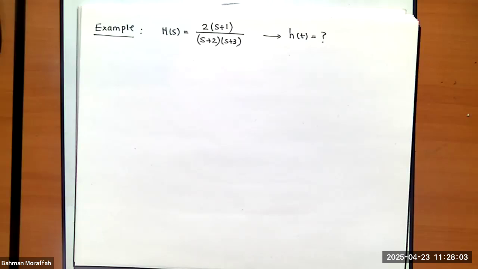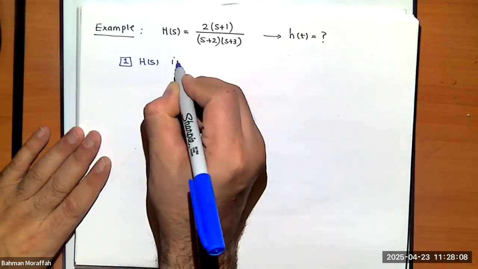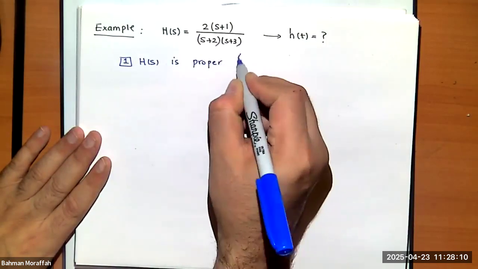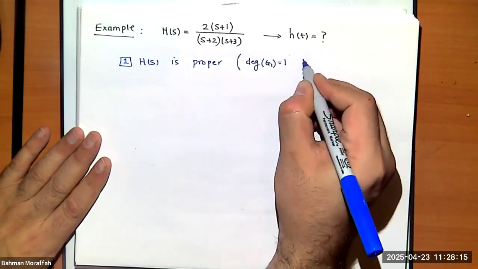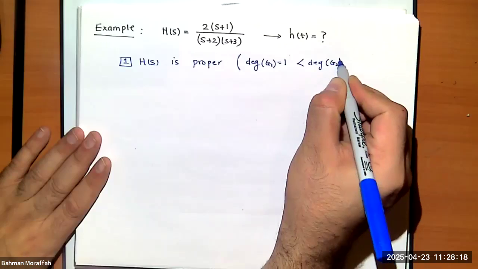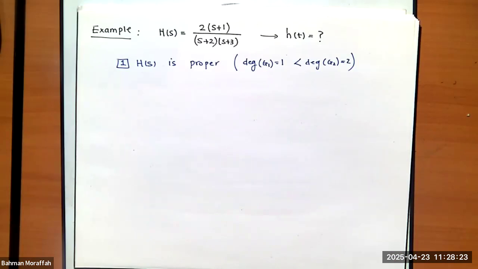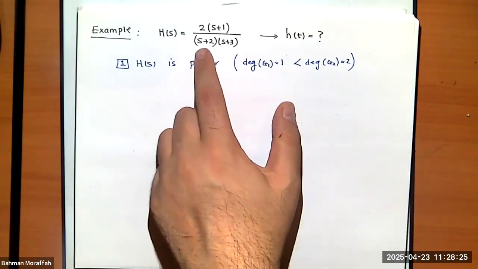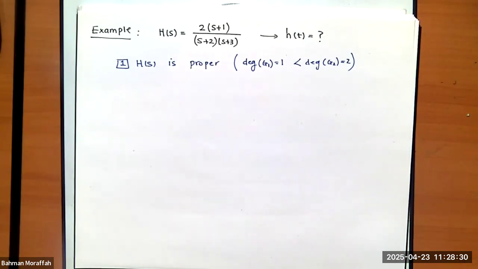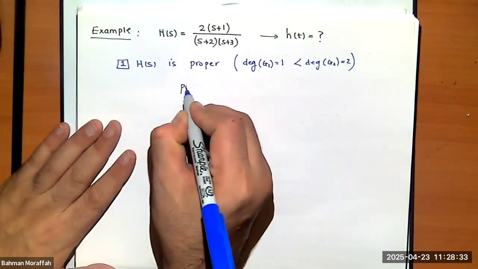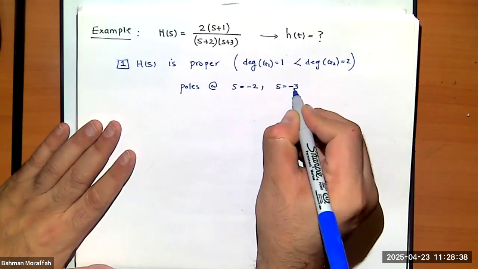It is proper, since the degree of G1 is 1, which is less than the degree of G2, which is 2. Now the poles are the roots of the denominator. So the poles are -2 and -3.